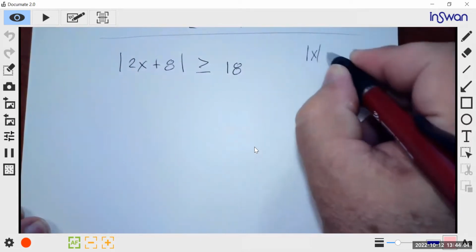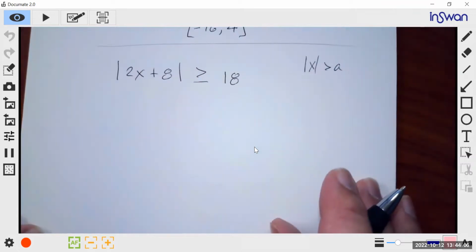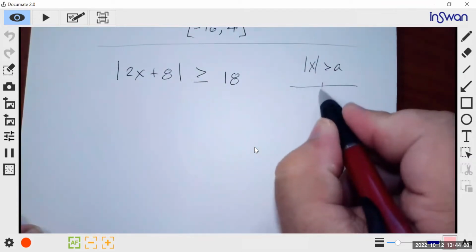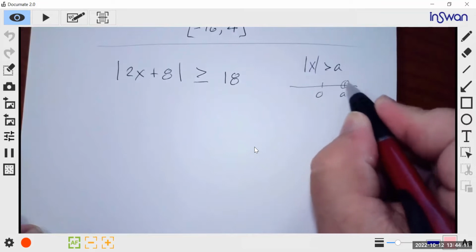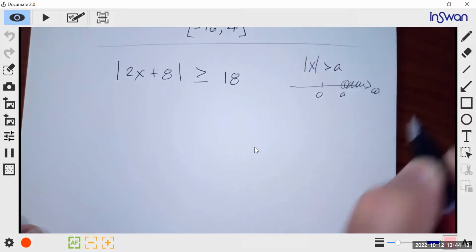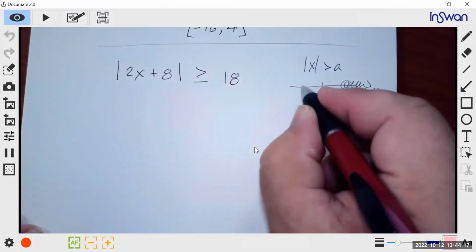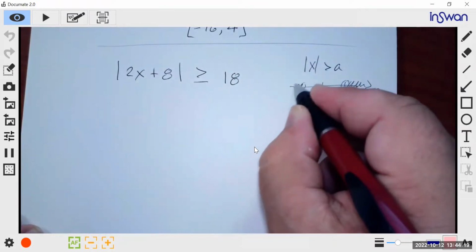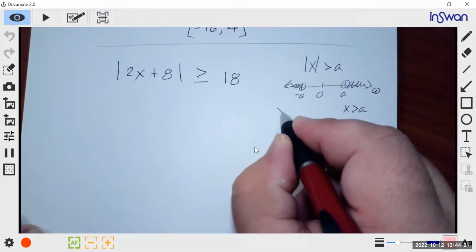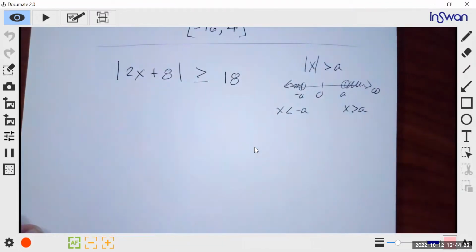Remember our equation. If it's greater than, that means it has to go away from zero. So x is bigger than a. Or if it's negative a, it has to go away from 0. So x is less than negative a.